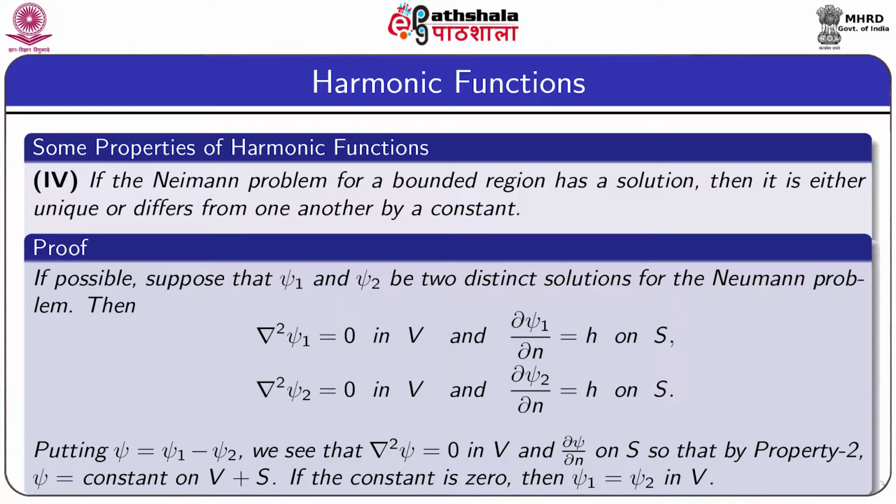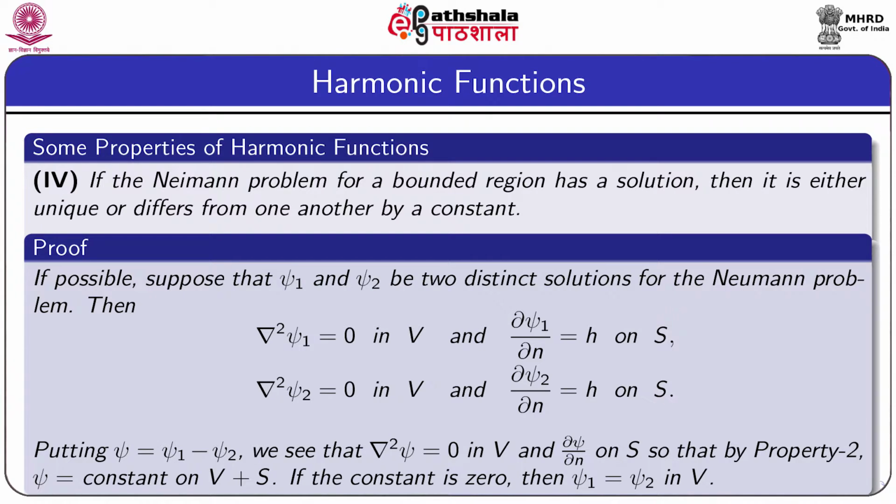So, psi equals psi 1 minus psi 2, and grad square psi is equal to grad square psi 1 minus grad square psi 2. So, its value is equal to 0 in V, and if we take the normal derivative of psi, that means del psi del n on S, its value is equal to del psi 1 del n minus del psi 2 del n. So, that is equal to h minus h equals 0 on S.